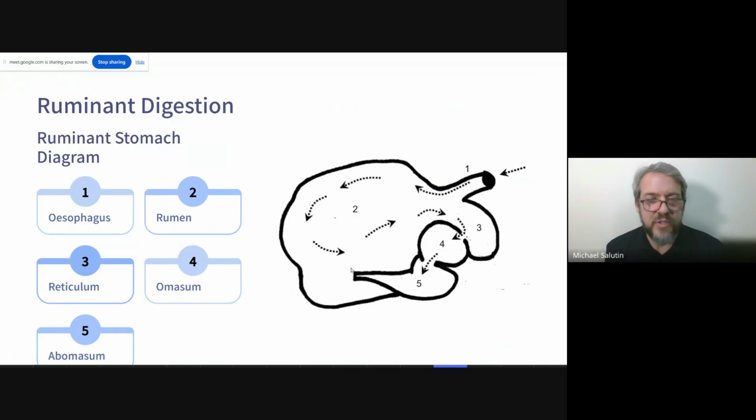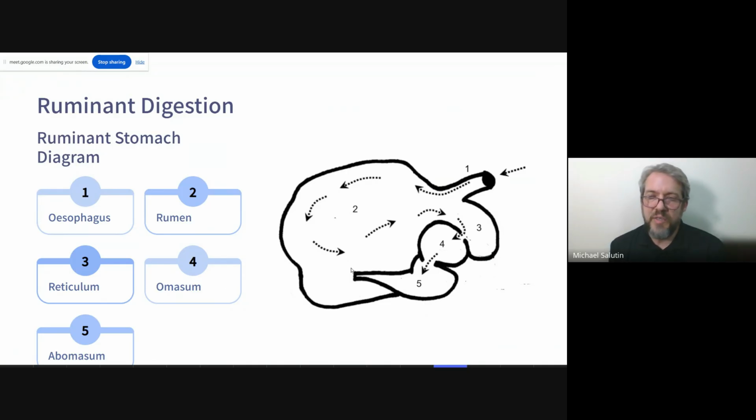So from there, it's going to move into the next chamber, which is called the reticulum in number 3, that little side pocket. The purpose of the reticulum is actually to contract and push that food back into the esophagus. And from the esophagus, it goes through reverse peristalsis, back up to the mouth. It is masticated again. It's chewed all over again with mechanical digestion. And then it is swallowed again.